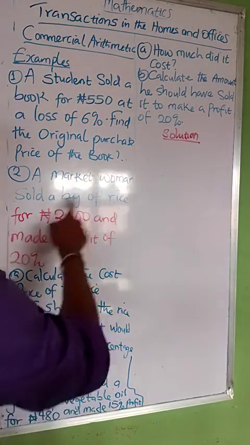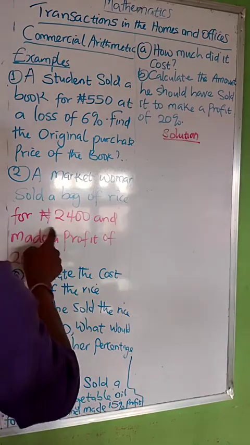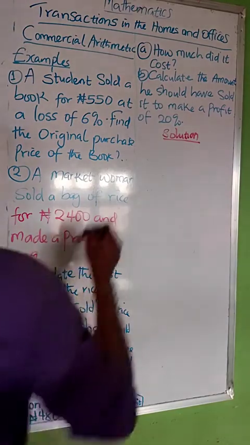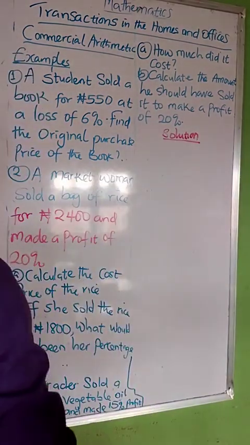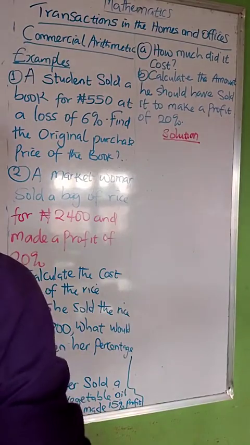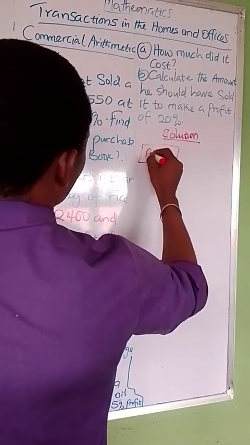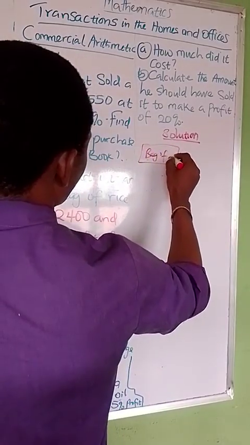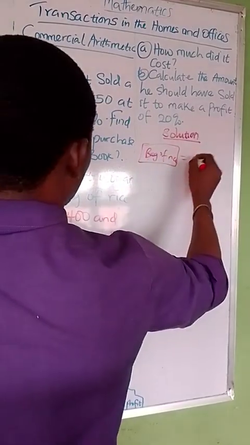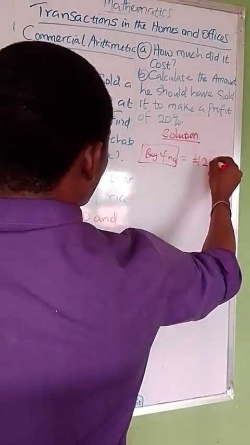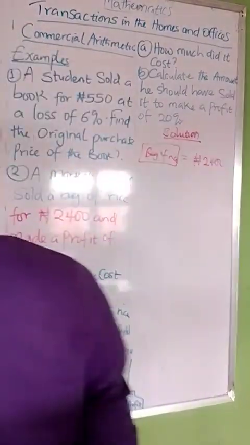Now, question 2. A market woman sold a bag of rice for 2,400. So she sold a bag of rice for 2,400.